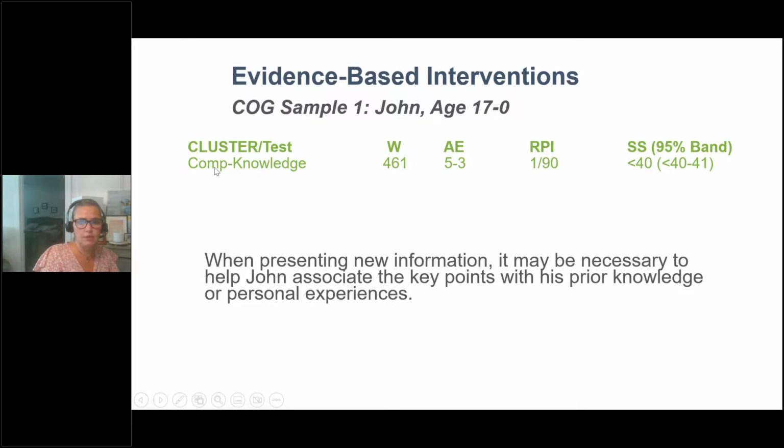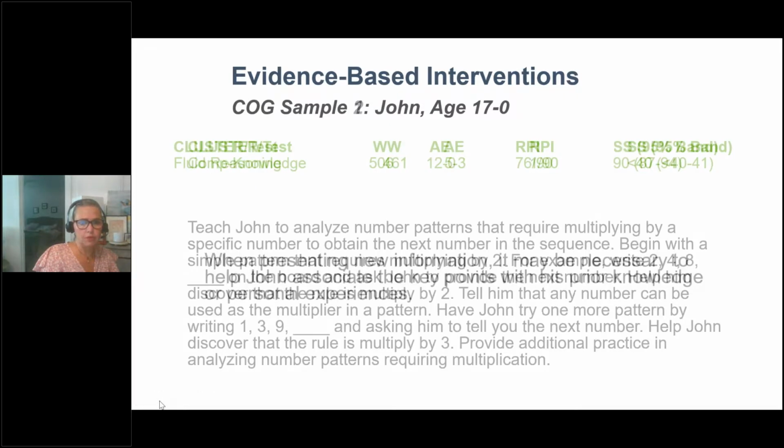So you can see this is comprehension knowledge, Gc, RPI of 1 over 90, less than 40 standard score. When presenting new information, it may be necessary to help John associate the key points with his prior knowledge or personal experiences. It's just one of those recommendations.